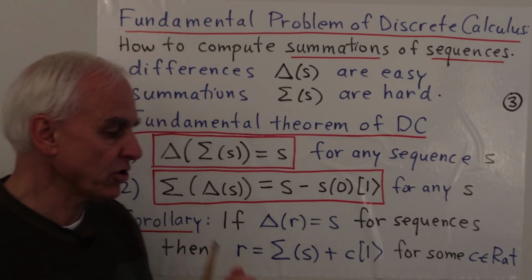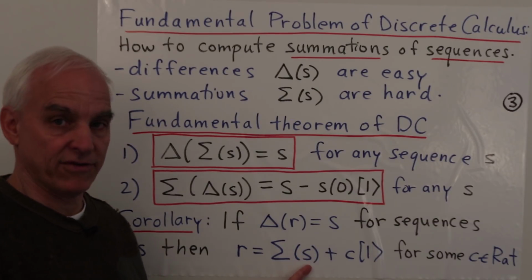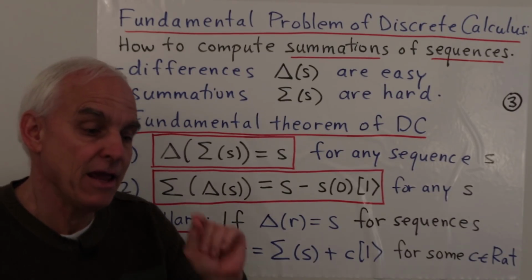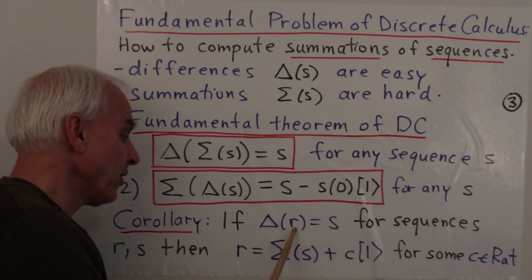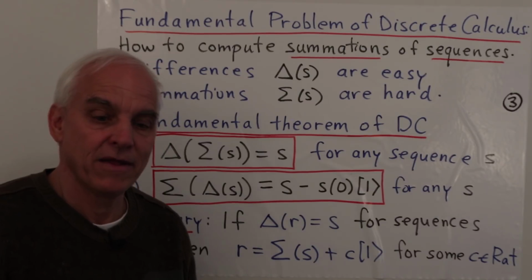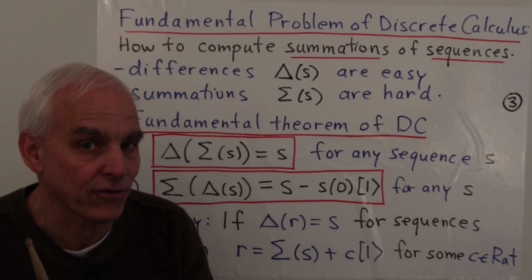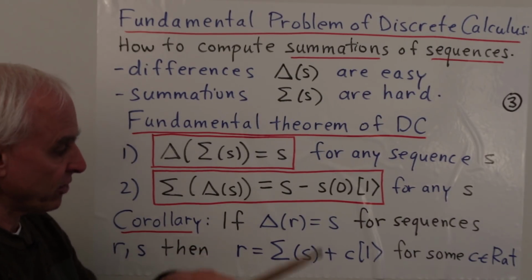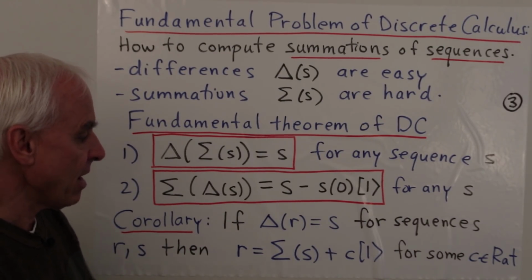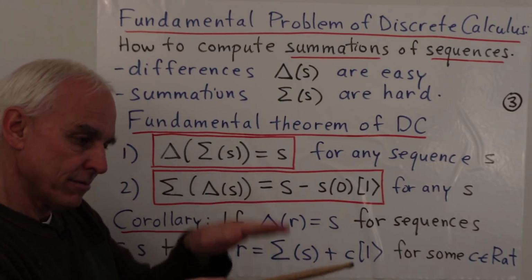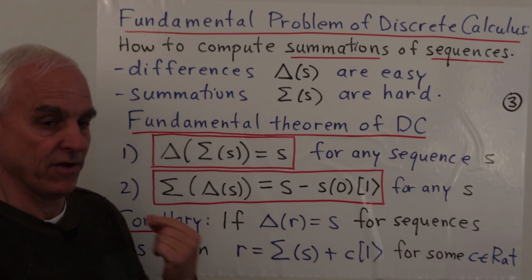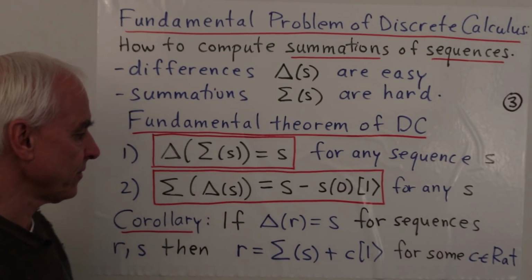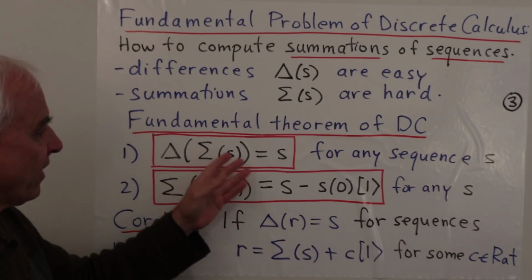In other words, if we have some sequence S and we're trying to find its summation, and we can find a sequence R whose difference is S, then that R is pretty well the answer. R is pretty well the summation of S, but you have to adjust it possibly by a constant to ensure that the first term of this R actually is 0. This is an immediate consequence of this fundamental theorem.